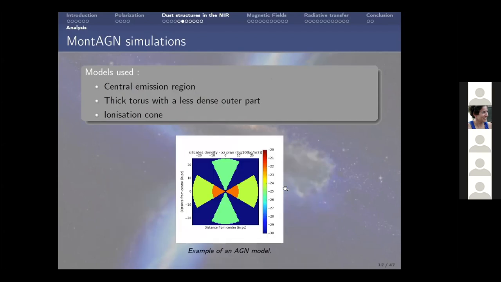For this reason, we have been looking for radiative transfer codes that were able to allow polarization observation. I've been working on that pretty lately, and there's a bunch of codes which are now available, but it was not really the case when I first started my PhD. That's maybe a bit unfortunate.